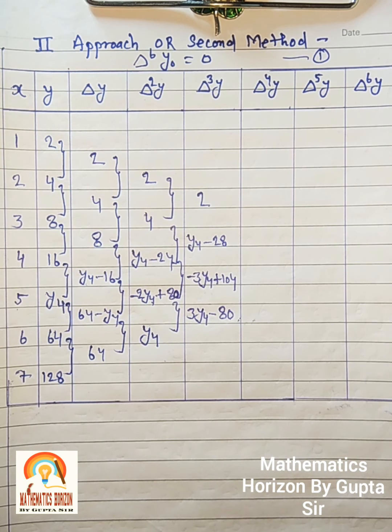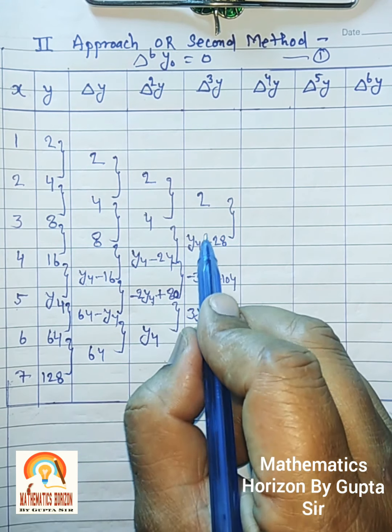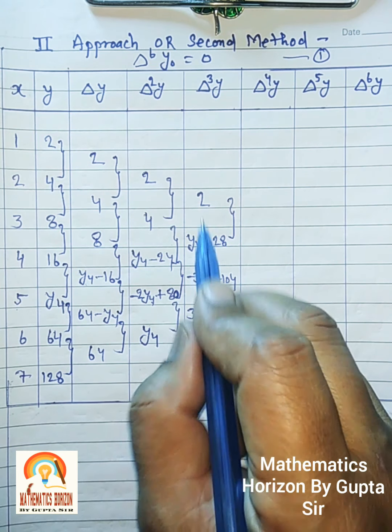Now we calculate differences of fourth order. Now we subtract this minus this.